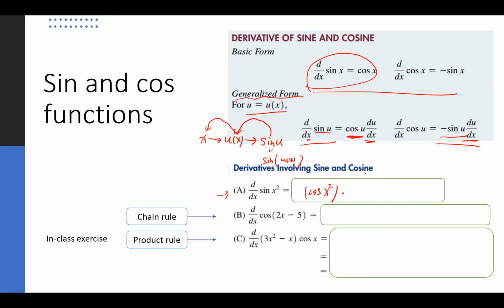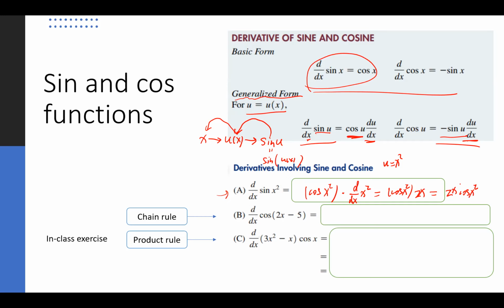For the second part, we need to take the derivative with respect to x of the function x squared, because now u becomes x squared. That gives us 2x based on the power rule. So then reshuffling a bit, we express this as 2x cosine x squared. So that's the derivative we have.